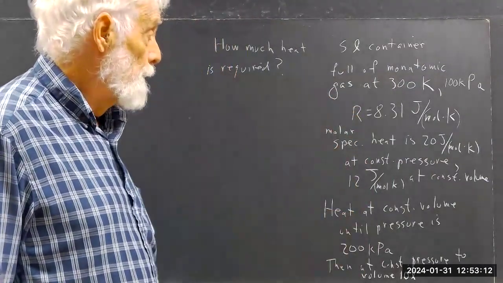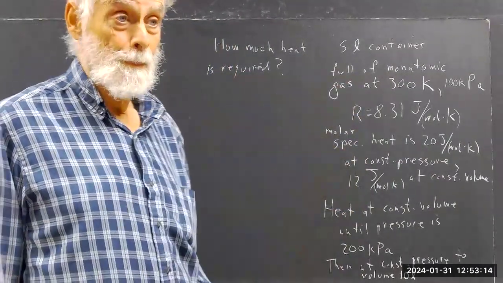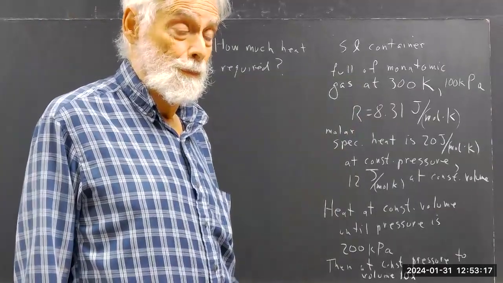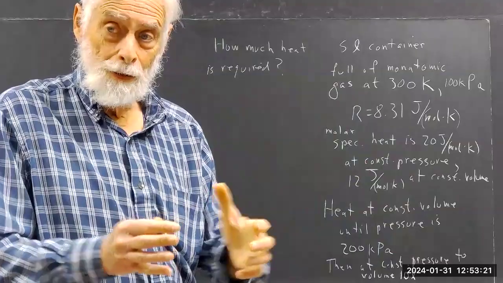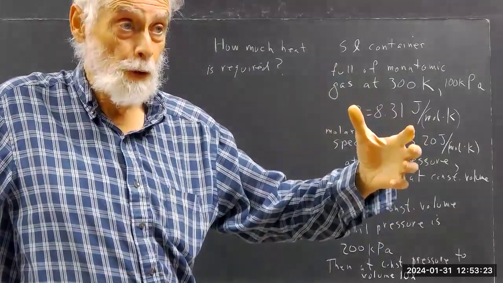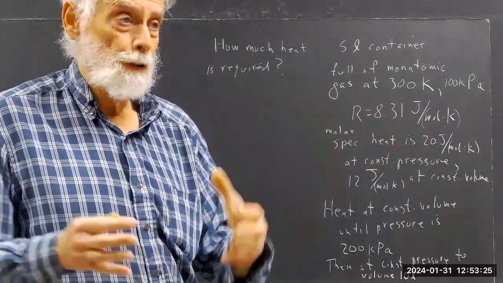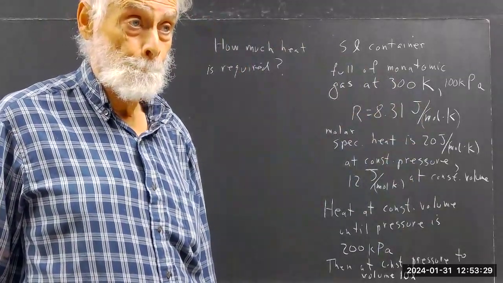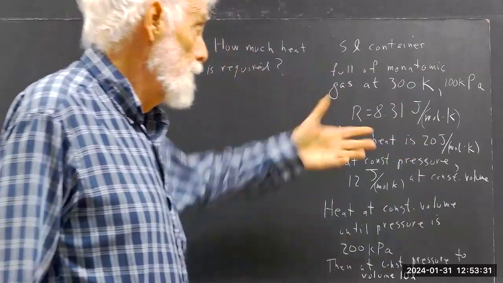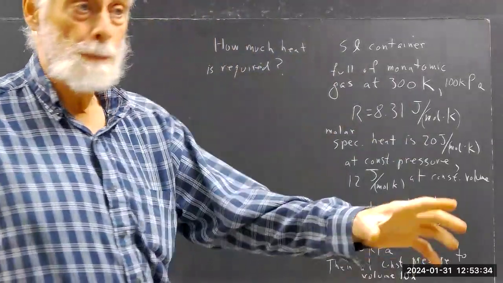we can figure out about how many moles we got in 5 liters. It'd be about 5 over 22.4. Here's 5 liters, here's 22.4 liters. This is a mole, this is less than a mole. Turns out probably about 0.22 or 0.23 mole. So just take around 0.2 moles, just a ballpark.